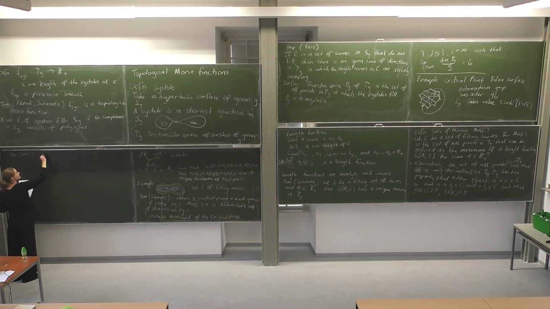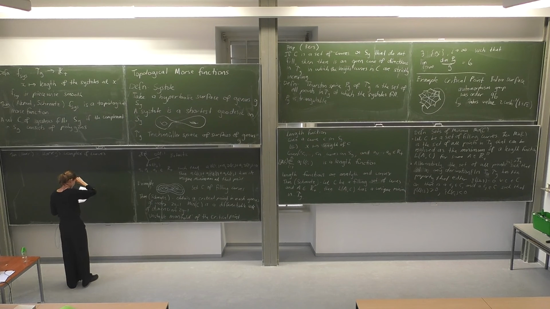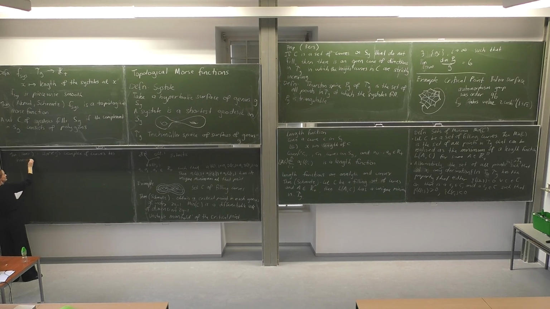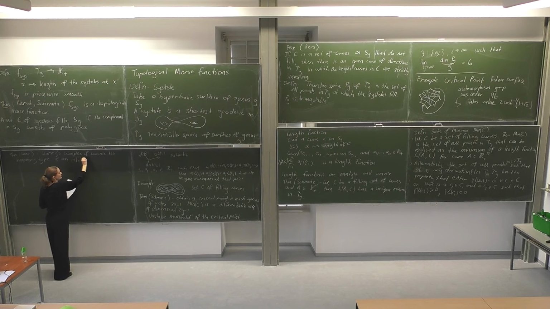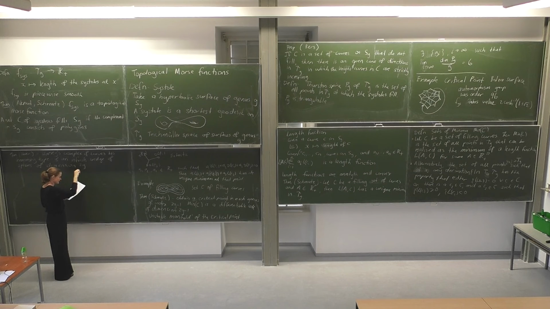Harer showed that Harvey's complex of curves has the homotopy type of an infinite wedge of spheres of dimension 2g minus 2.